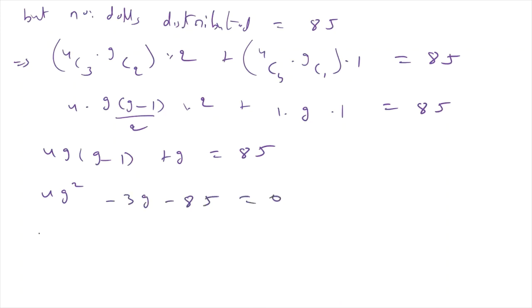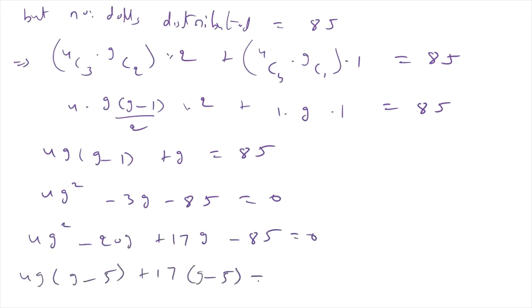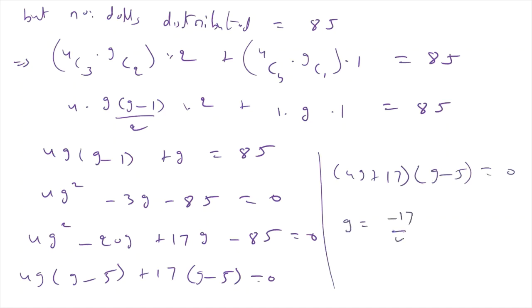So you have to factorize this one. So 4G square minus 20G plus 17G minus 85 is equal to 0. So 4G times G minus 5 plus 17 times G minus 5 is equal to 0. So you have 4G plus 17 times G minus 5 is equal to 0.